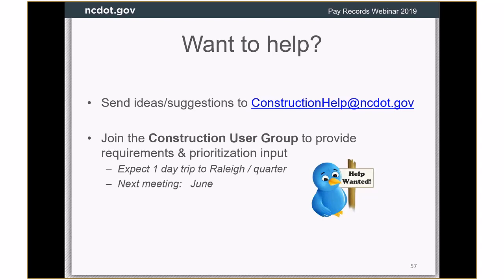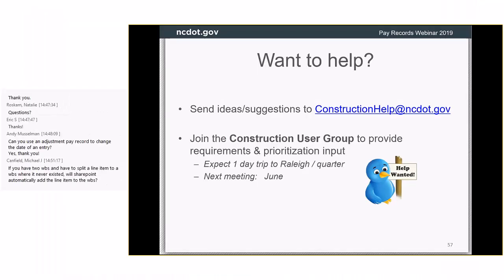Any more questions? The question is, if you have two WBS and have to split a line item to a WBS where it never existed, will SharePoint automatically add the line item to the WBS?